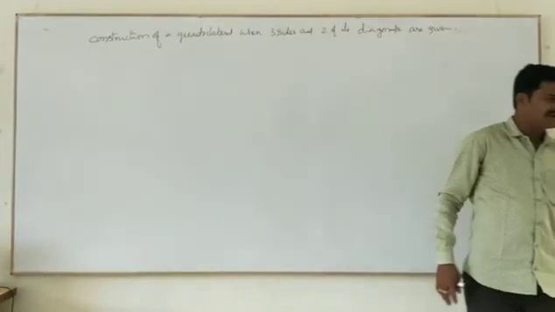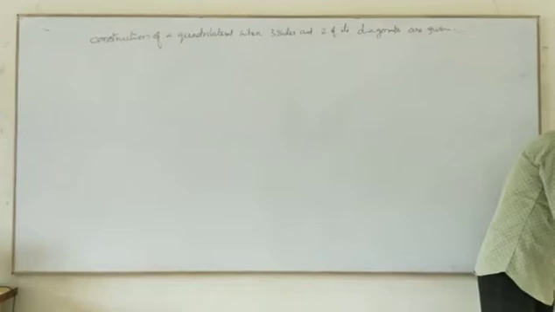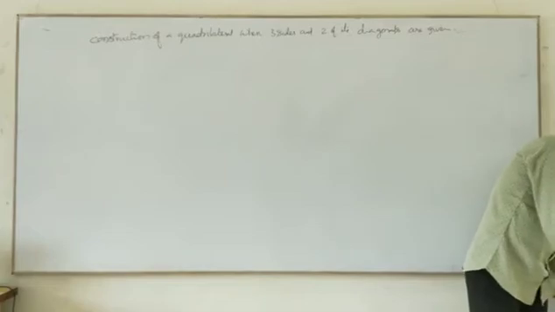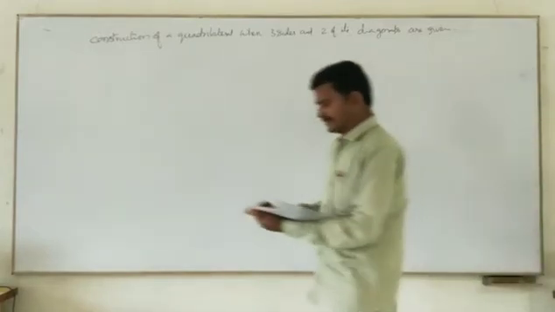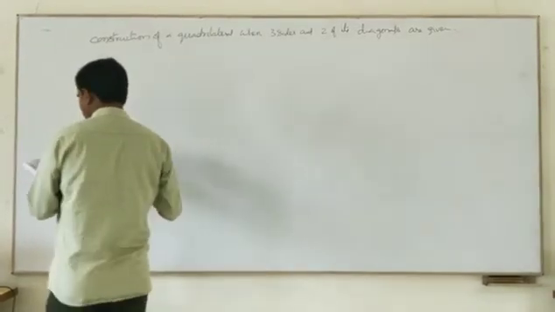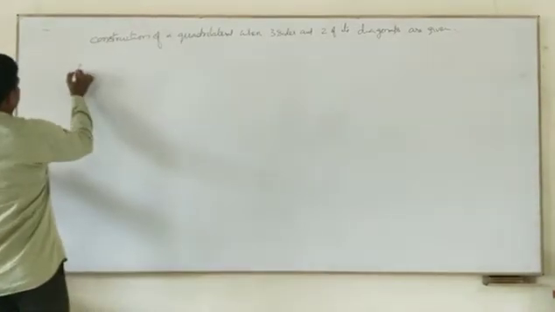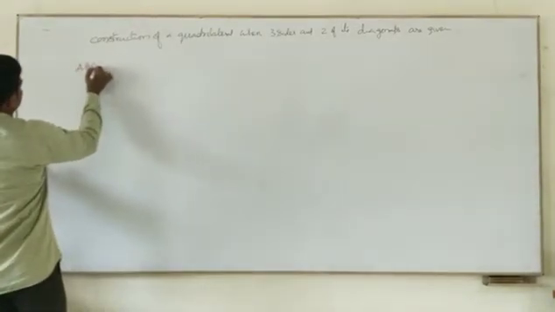So let us see how we are going to construct a quadrilateral. Here we are constructing a quadrilateral ABCD. The name of the quadrilateral is given.